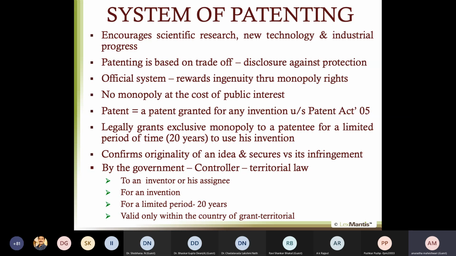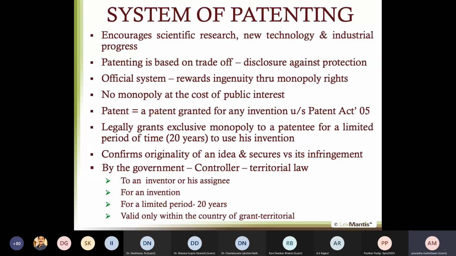So this is what happens. Then everyone starts making a copy of that technology. Everyone starts selling that technology. And finally, tragically, you get displaced from the marketplace. So slowly, as the system of patenting gained ground, people realized the great merit in patenting.